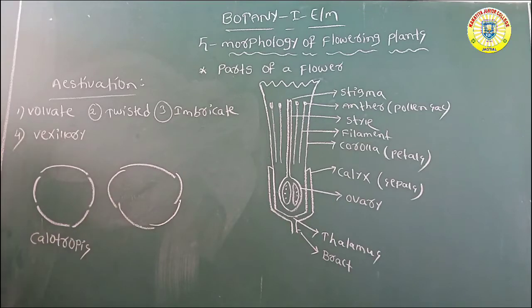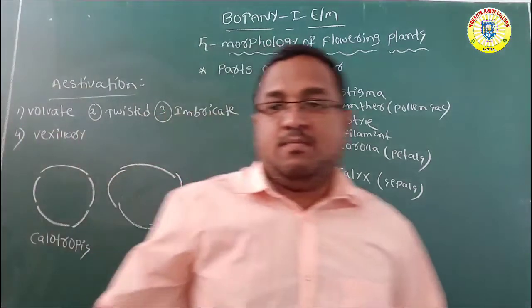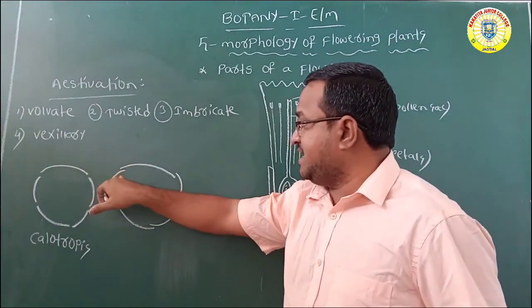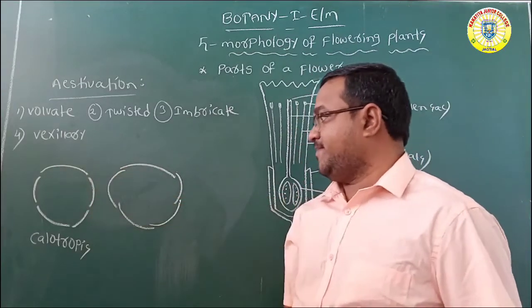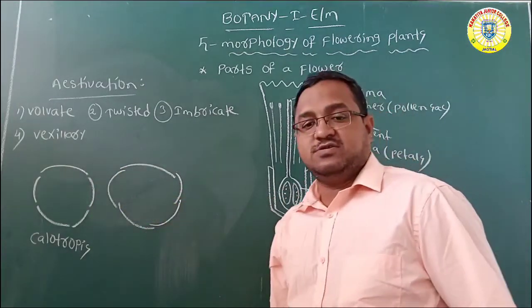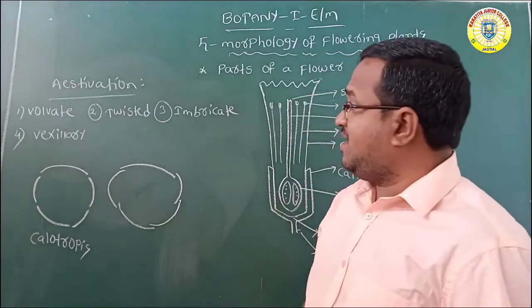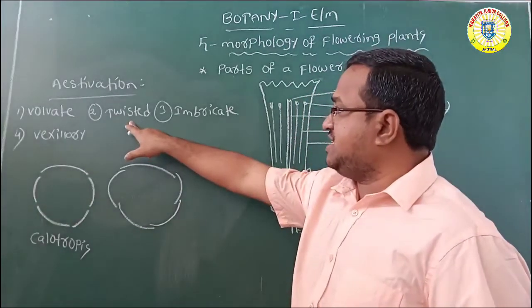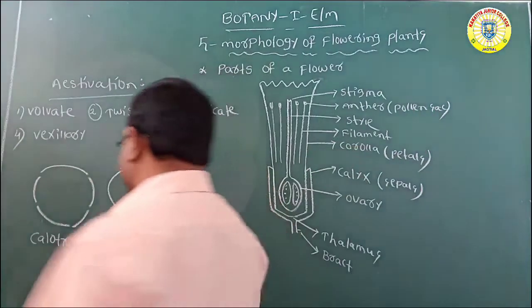The margin of one sepal or petal overlaps the next one. So this type of aestivation is called twisted. Best example, hibiscus.